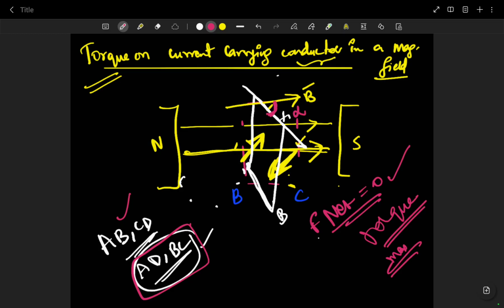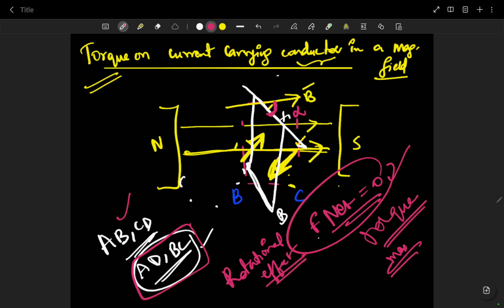So a rectangular current carrying coil placed in a uniform magnetic field will experience a torque, because the force on its sides will create a rotational effect. It does not experience net force, obviously, because net force is going to be zero, because forces on opposite sides are equal and opposite in nature, resulting in cancellation, but still torque will be generated.